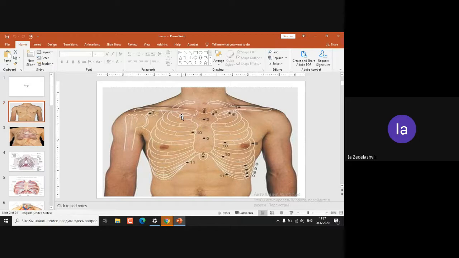Between the first and second, it's the first intercostal. Between the second and third, the second intercostal space, and so on. So by pressing the finger near the sternum, you will find excavation, depression, excavation, depression. So you will find which rib you have here and which intercostal space.